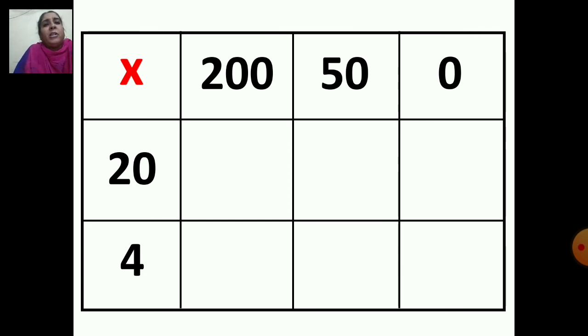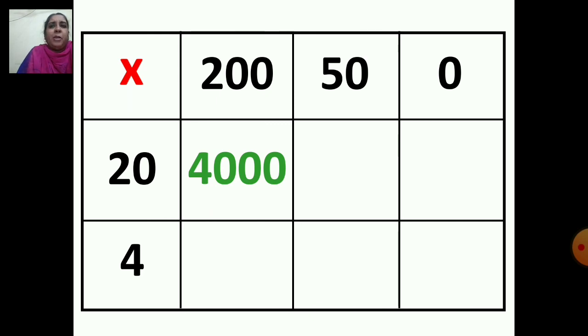So first we will take first number, first column, right? 200 multiply by 20. So you have to say table of 2. 2 2s is how much? 4. And how many zeros you are going to place all together? 3 zeros, right? So what will be your answer? 4,000. Now you will multiply 50 multiply by 20.